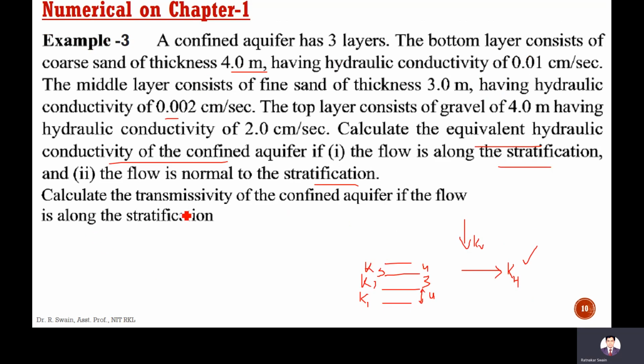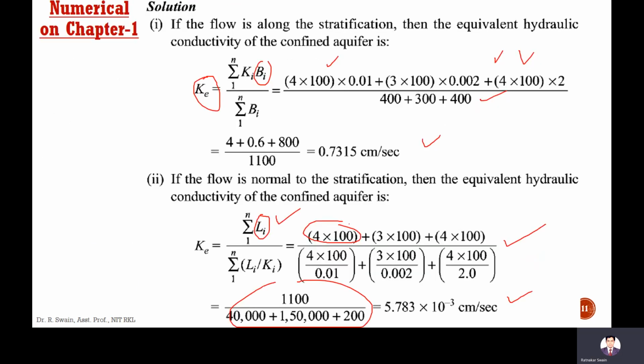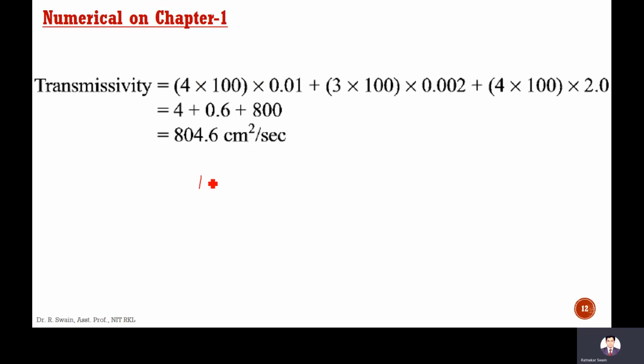The next question asks to calculate the transmissivity of the confined aquifer if the flow is along the stratification. Transmissivity is nothing but hydraulic conductivity into the thickness, K into B. If it is along the stratification, then the equivalent transmissivity will be K1 B1 plus K2 B2 plus K3 B3, because the hydraulic conductivity is different in different layers.